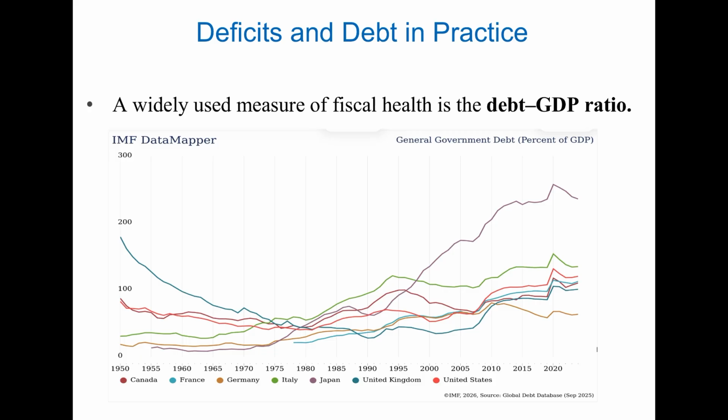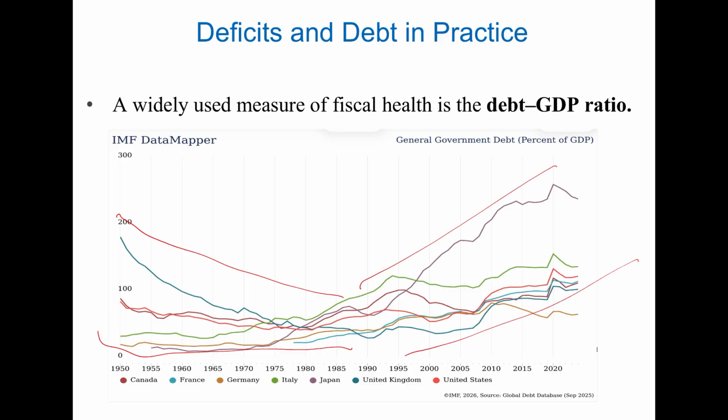Now, this is the debt to GDP ratio over a period of around 70 years, and we see that, initially in this period, it's a downward trend for most of the countries, and then there is an upward trend in this period.